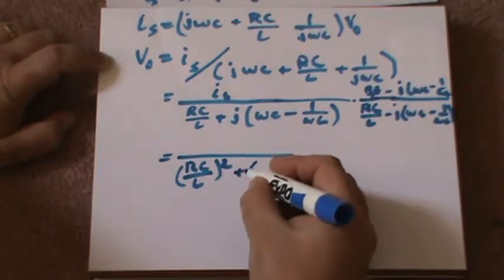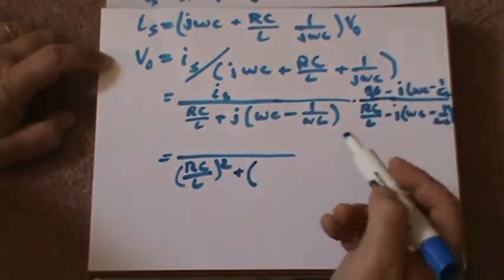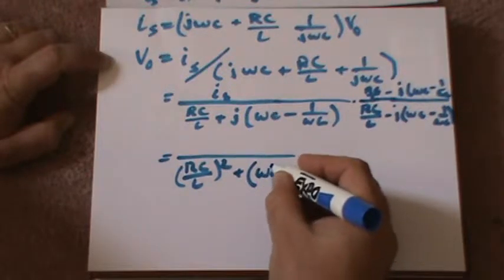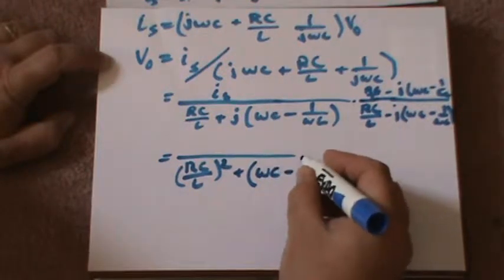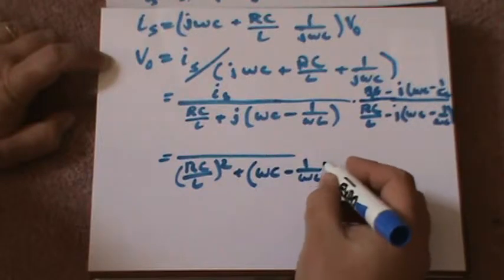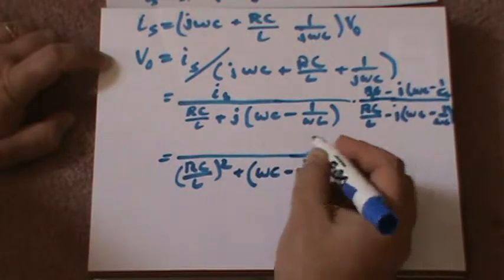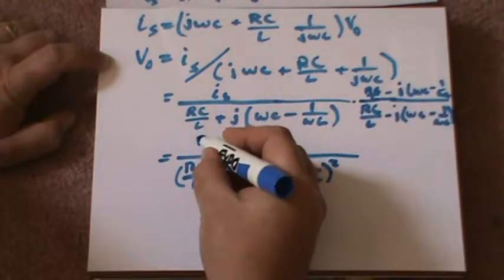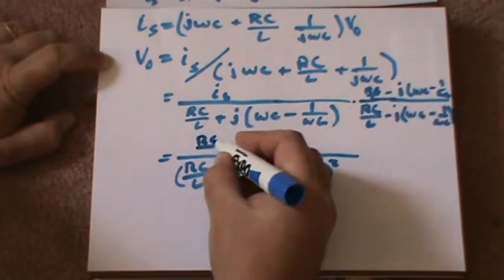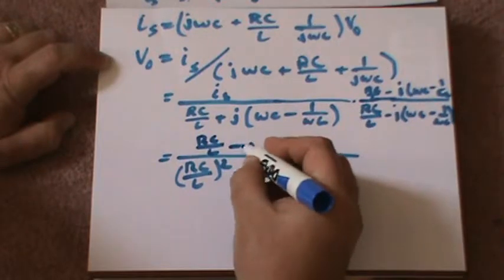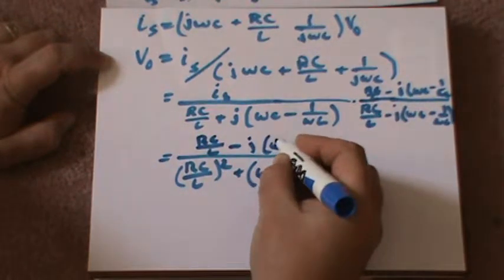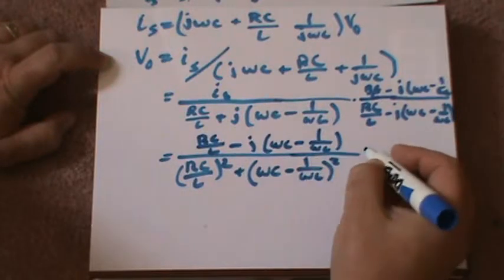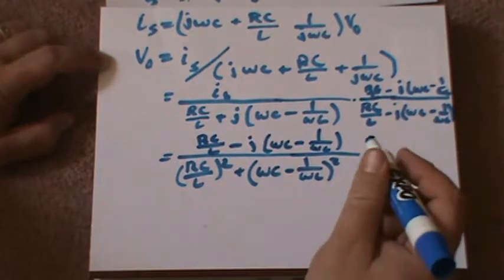Essentially what's inside multiplies by itself, so it's squared: omega C minus 1 over omega L, that quantity squared. And then on top, I just get the complex conjugate: RC over L minus j times omega C minus 1 over omega L, whole quantity times Is.